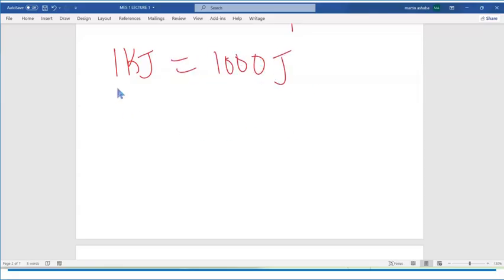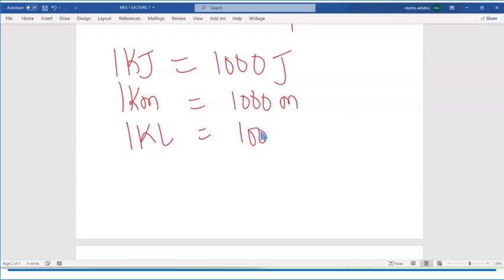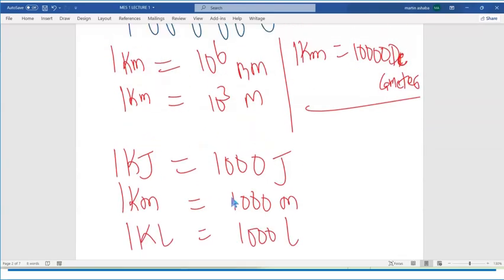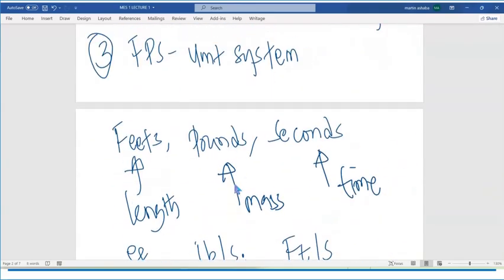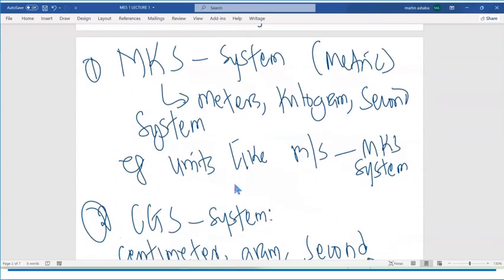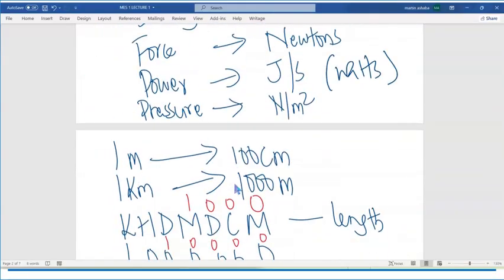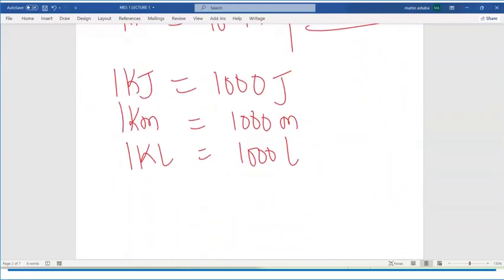If we talk about 1 kilometer, this is 1,000 meters. If they talk about 1 kiloliter, this is 1,000 liters. And so on and so forth.